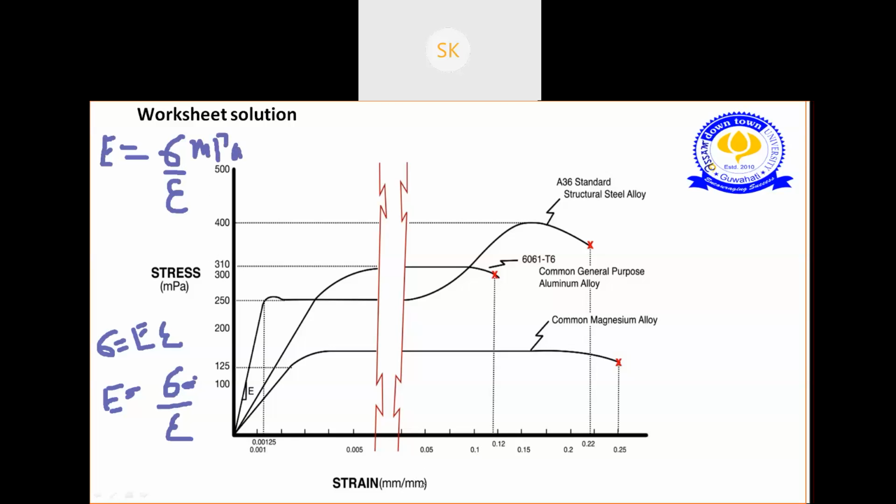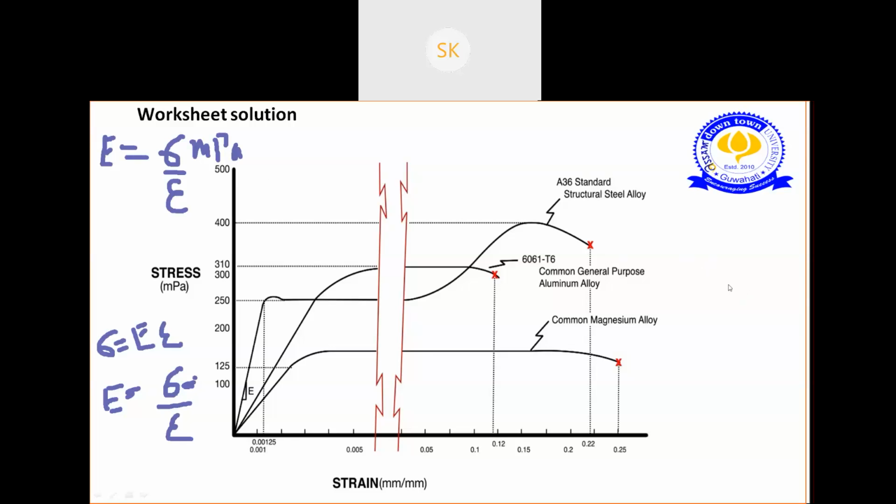So E will have the unit of stress. Your Young's modulus has a unit. The stress has a unit of MPa, but your strain is written as mm per mm, so it gets cancelled out and has no unit. So the elasticity modulus will have the same unit as stress. Whatever the unit of stress, that will be the unit of E. Understood? So your value will be 2 lakh MPa.